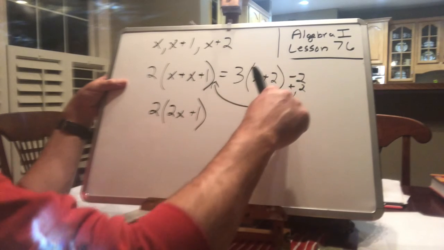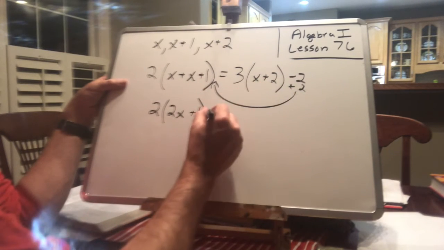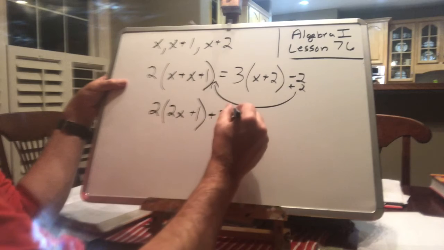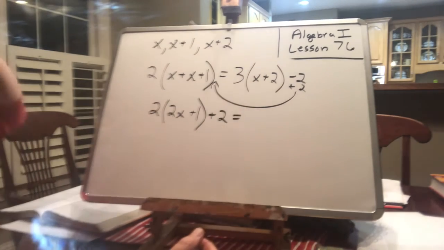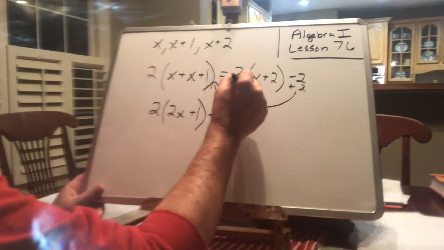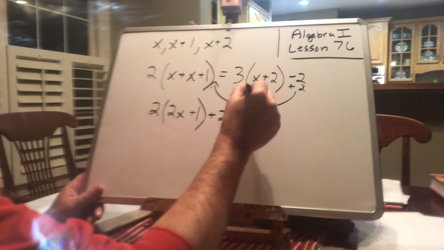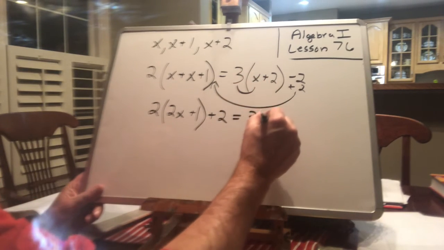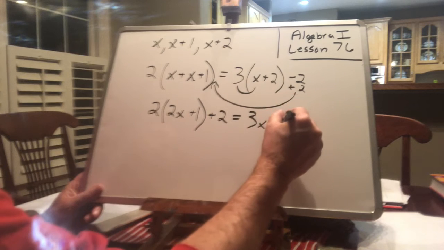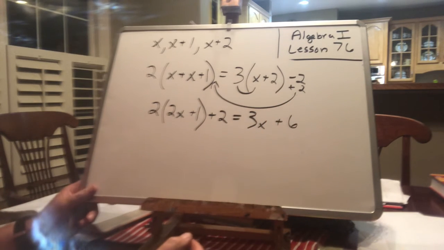And I move this positive 2 over, plus 2 equals, do the distributive property right here, 3x, 3 times x is 3x, 3 times 2 is plus 6.